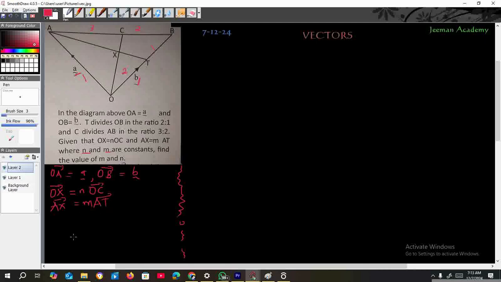So in this case, there are vectors we need to calculate. We need OC, we need AT, and we also need vector AB.